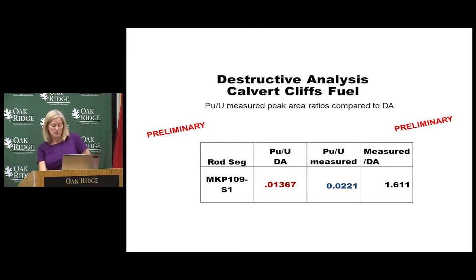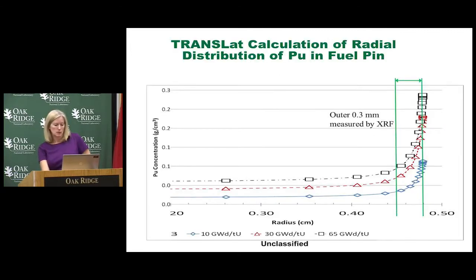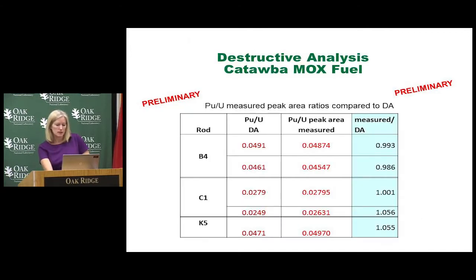And as you remember, that's because we're measuring this outer section of the fuel when we do our XRF measurement. So the calibration of this is going to be very difficult, but it is the only direct measurement of plutonium in spent fuel. All others are implied based on other measurements of other isotopes.